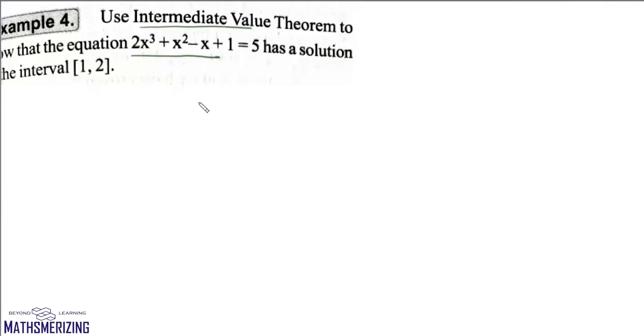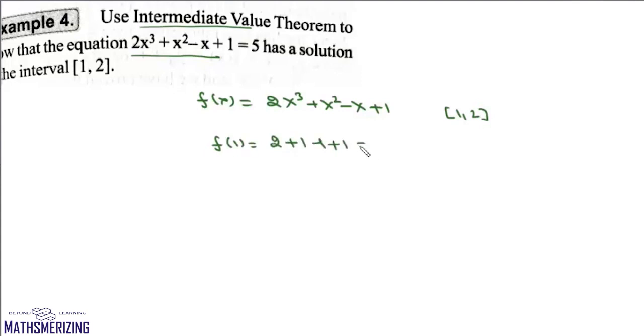Now what we'll do is we'll take this function f(x) as 2x^3 + x^2 - x + 1 in the interval 1 to 2. Now what is f(1)? f(1) is 2 + 1 - 1 + 1, it is 3.